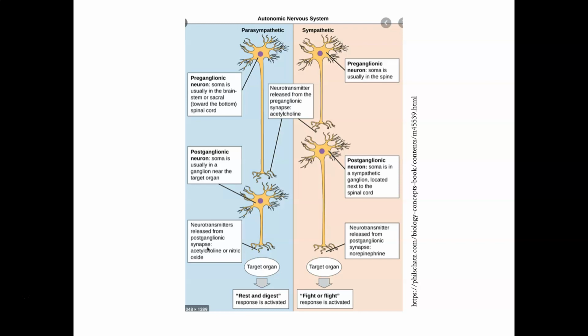And that's going to hit the target organ, and you're going to get a fight or flight response. So do you see how this makes sense? How we're building on this, and why we need to know whether it's parasympathetic influencing or sympathetic influencing, and why it's a cholinergic or an adrenergic agonist or antagonist. And what we learned last week about agonists and antagonists is very critical, because that's going to tell us what it's going to do with acetylcholine or norepinephrine.